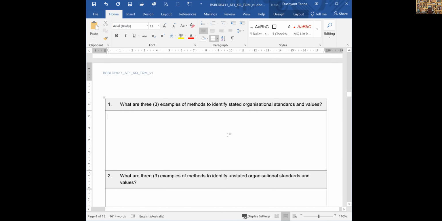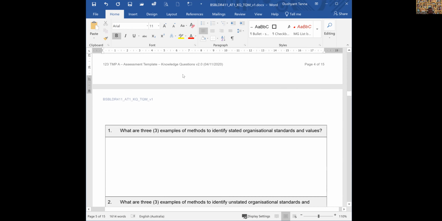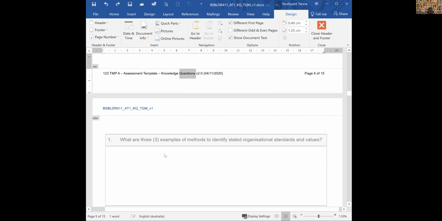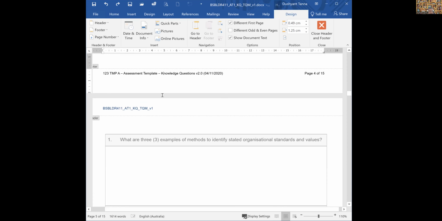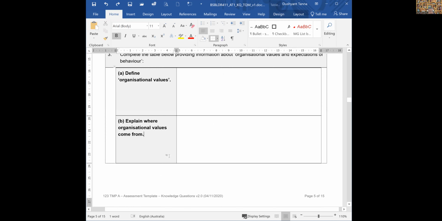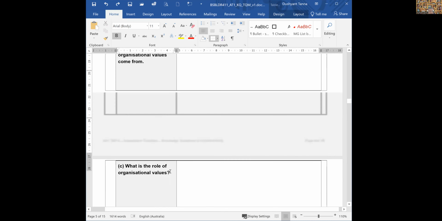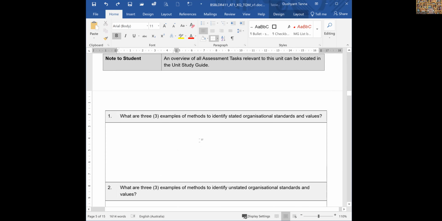Question number 1, I'll just remove the white space. There we go. What are 3 examples of methods to identify stated organization standards and values?